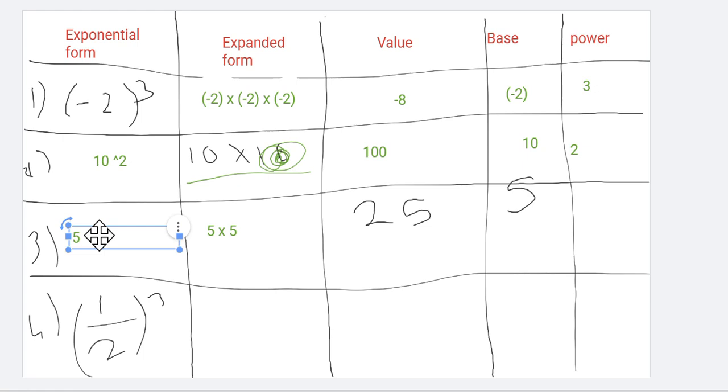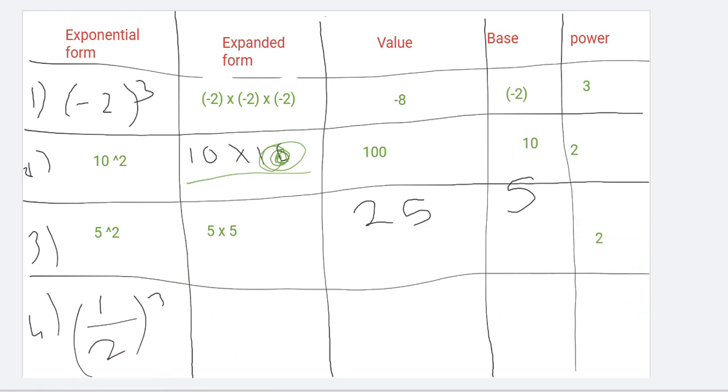The base, the exponential form, this is the base. Okay, this is the exponential form. So this is to the power 2. And what is the power over here? It is 2 again.